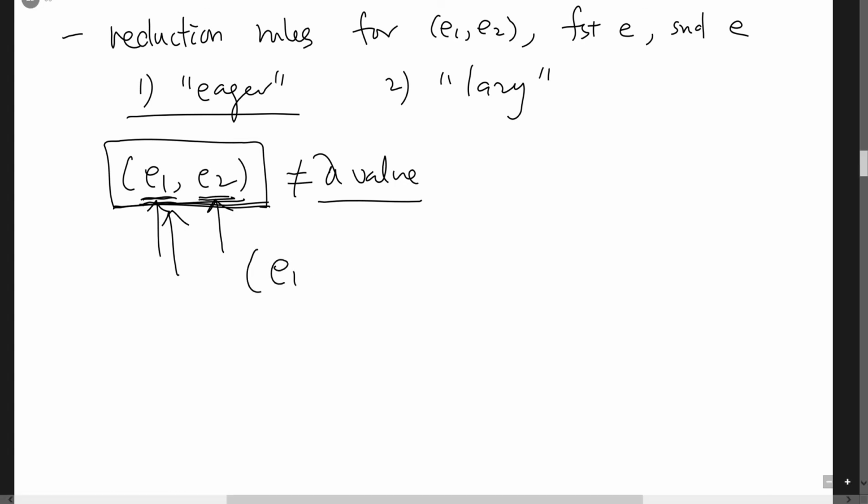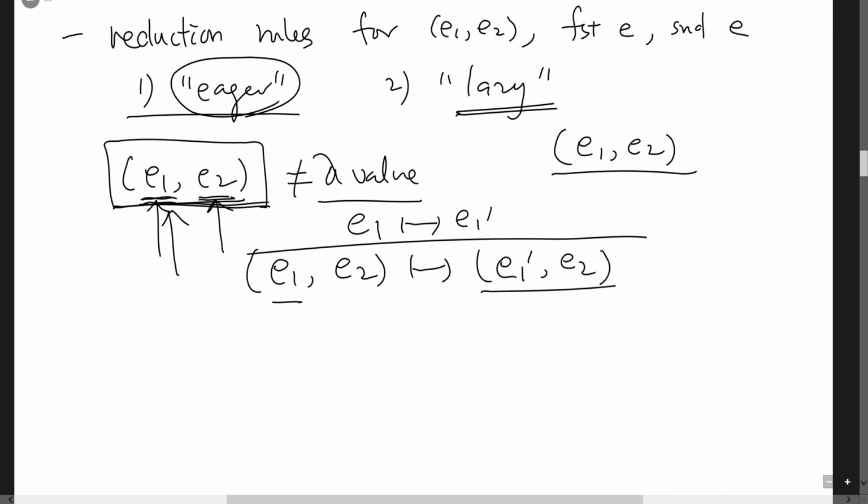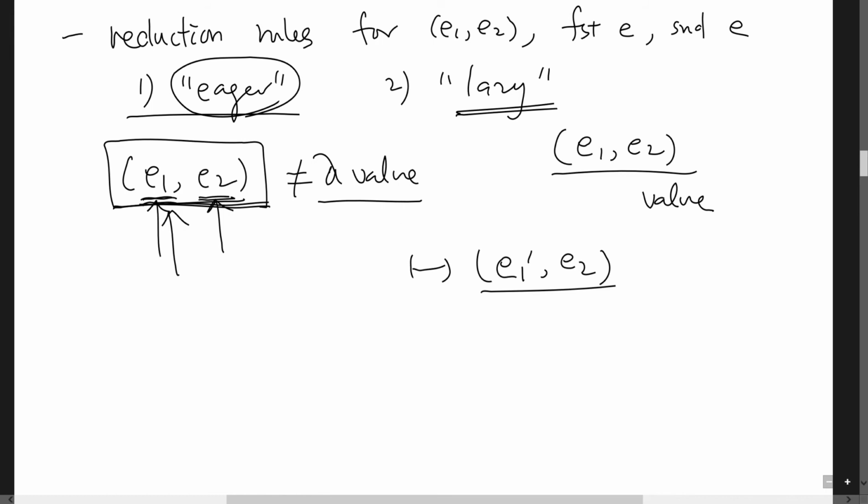So for example, if expression E1 reduces to another expression E1 prime, this pair will reduce to the pair with E1 prime. So that's the basic idea behind this eager reduction strategy. In the case of the lazy strategy, we just take this pair as a complete form of value. This is counted as a value. That's the big difference from the eager strategy.